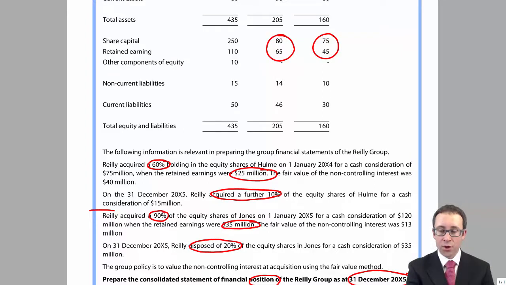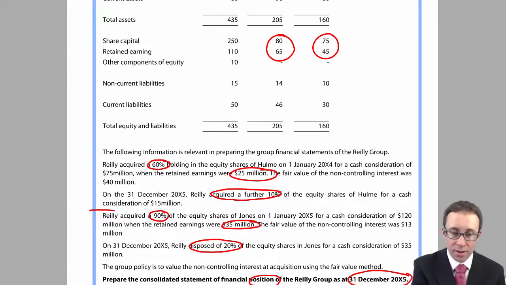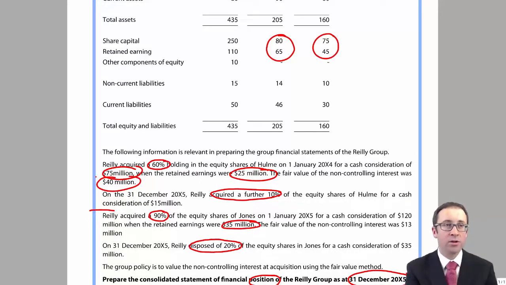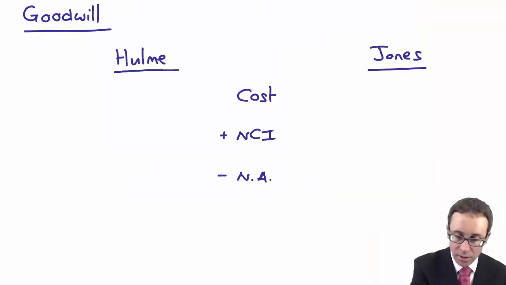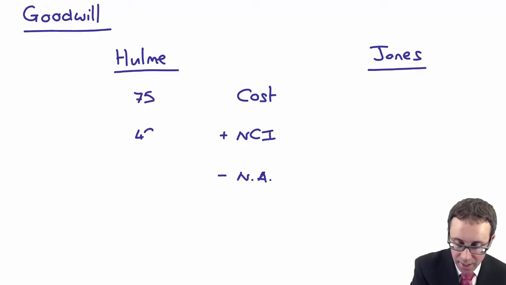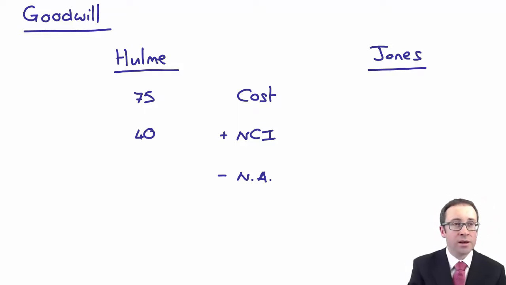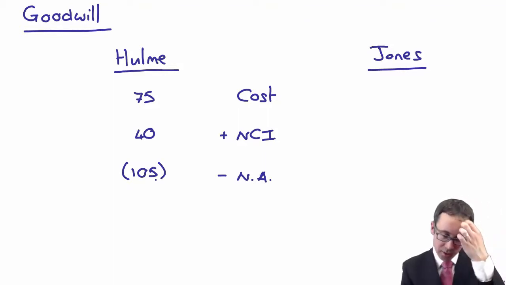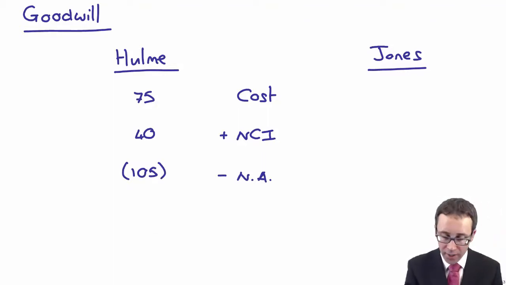So if we look at Hume, the first subsidiary, the cash consideration was 75 million. The fair value of the non-controlling interest was 40, wasn't it? So I can put in the cost of 75, the NCI of 40, and if you go back and check, I think the net assets at acquisition were there at 105?